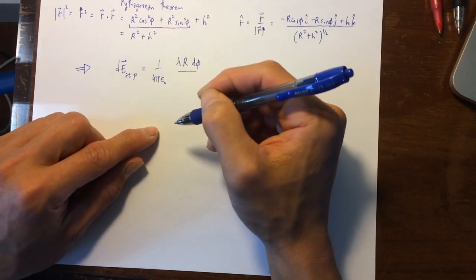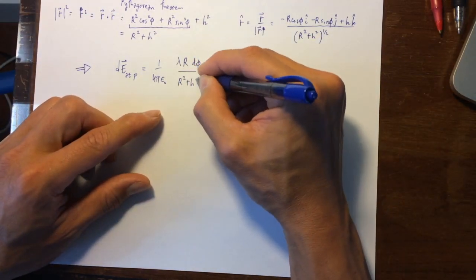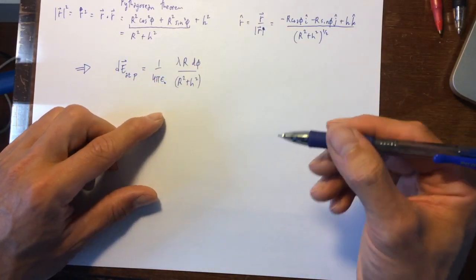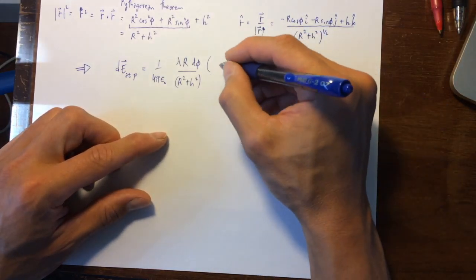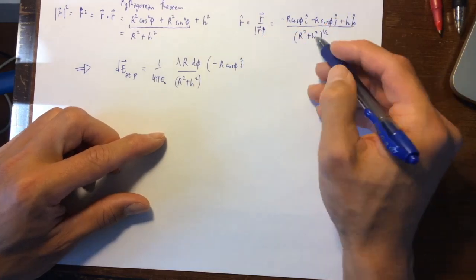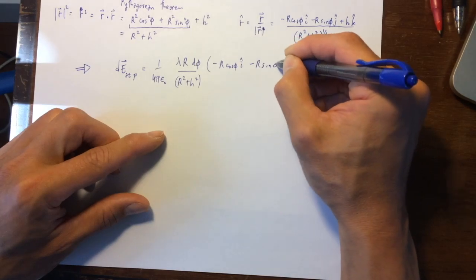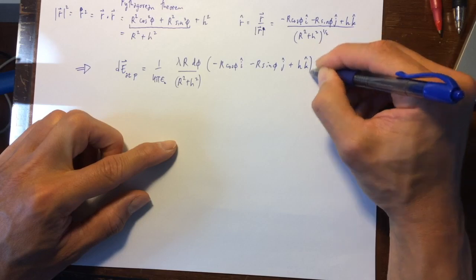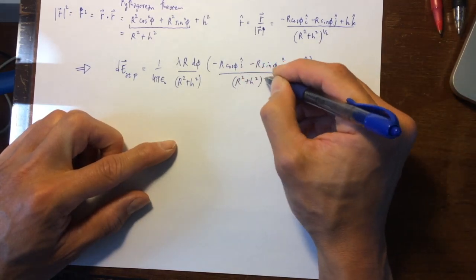I can divide by r squared, so that's r squared plus h squared, quantity. And then I multiply by r hat. So r hat I wrote there, I'll put it in brackets. It's minus r cosine phi i hat. You notice it is a vector, so it's got all the unit vectors. So minus r sine phi j hat plus h k hat. And then I divide by r squared plus h squared to the square root.